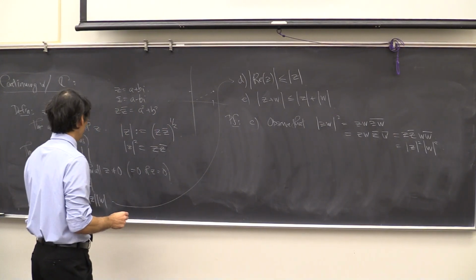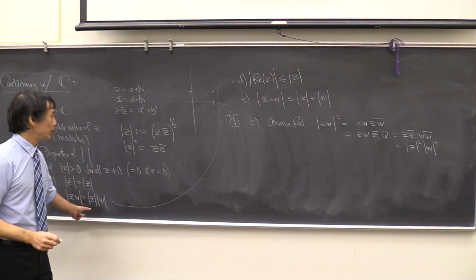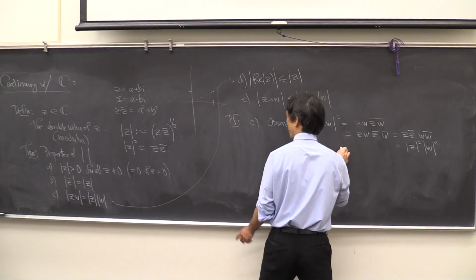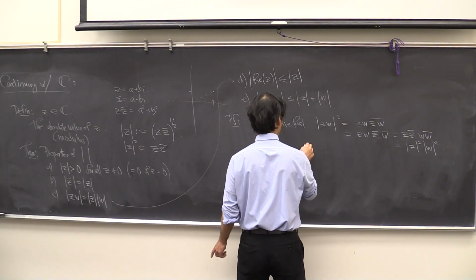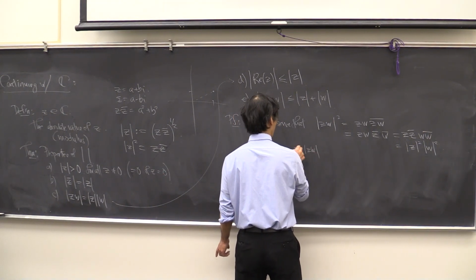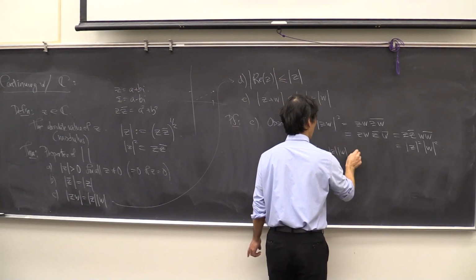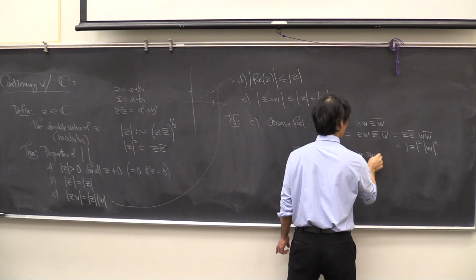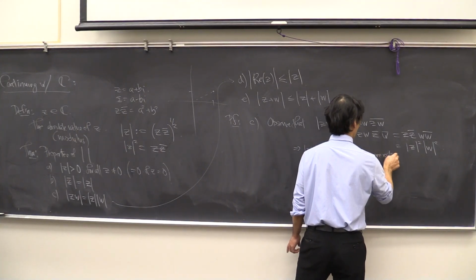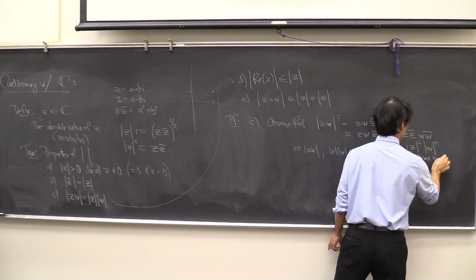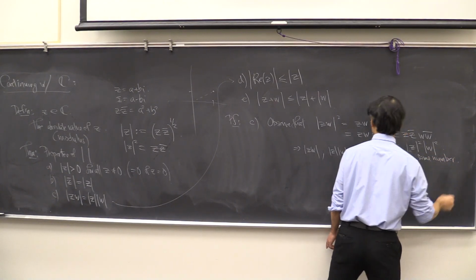Okay, so what does that tell you? That tells you that this and this are square roots of the same real number.